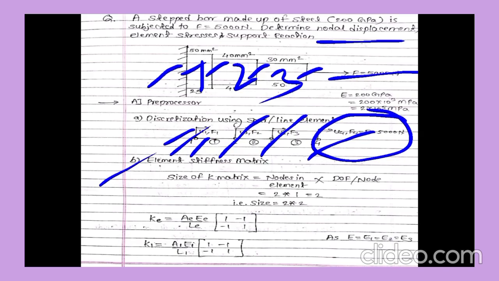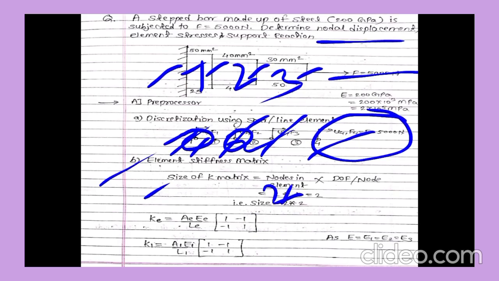Okay, now moving towards next step. The next step is element stiffness matrix. First of all we need to decide the size of element stiffness matrix. For that there is a formula: size of K matrix is equal to nodes in element into degree of freedom per node. By joining two nodes we get one element, so for a single element there are two nodes.